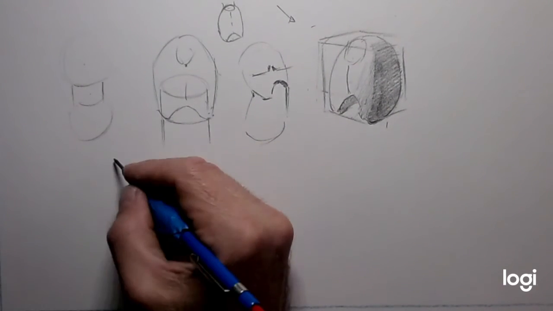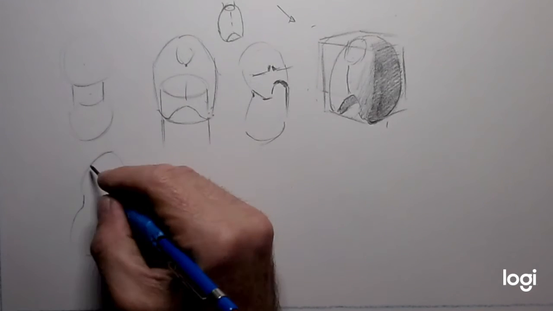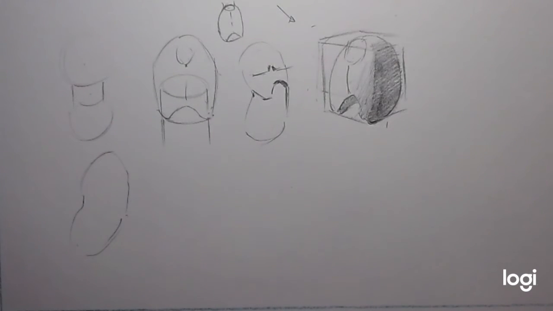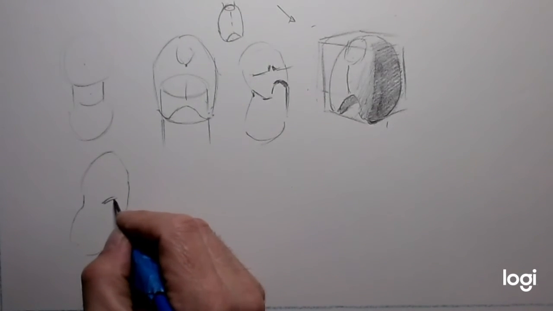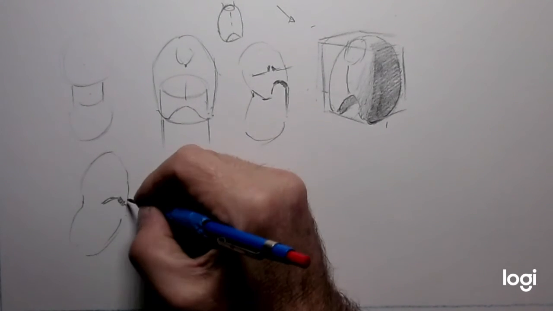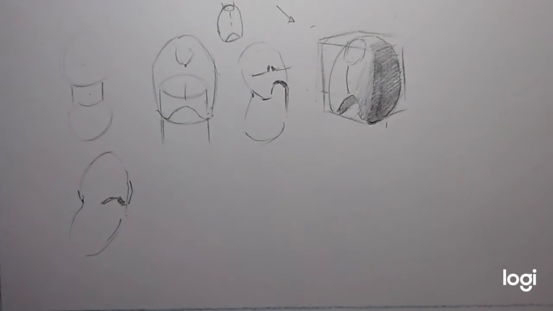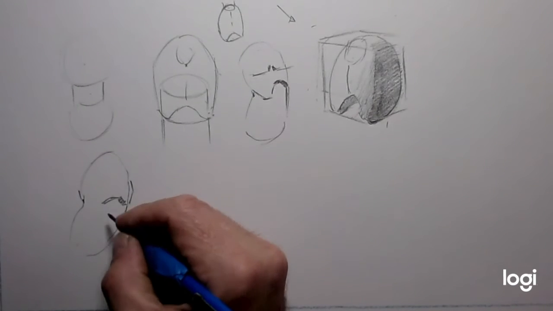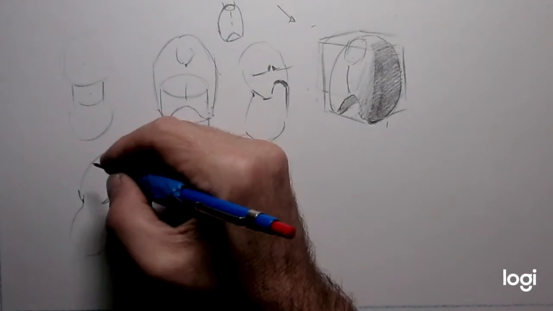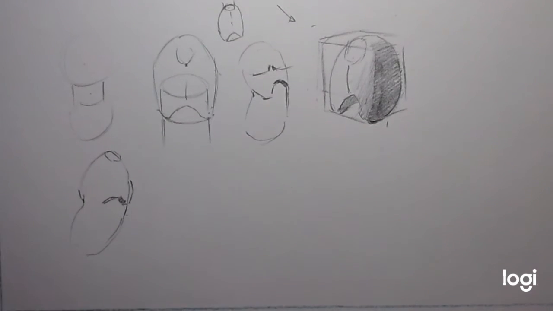So starting from a very simple conception, like a bean, okay, and then overlaying it with the rib cage, letting it come forward, letting the rib cage be a bigger bulk on top of that. And here's the hole for the neck, like that.